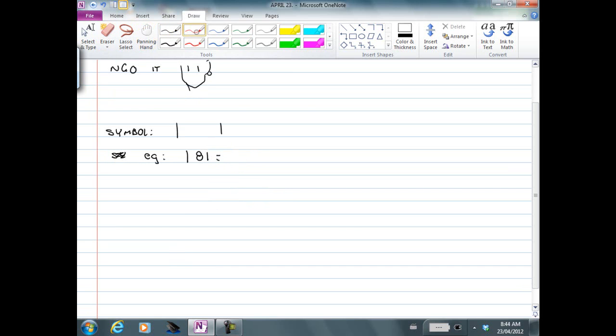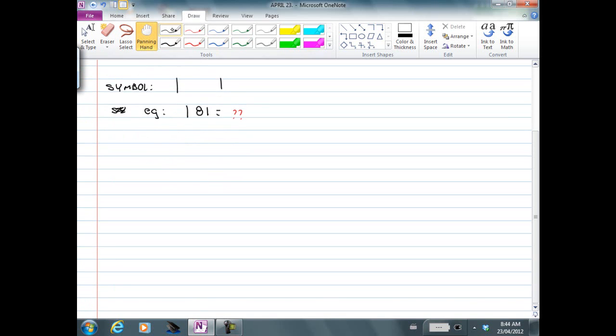So let's erase this. So this is an absolute value, the symbol. I'm going to teach you what absolute value does. Absolute values, ABS value, turns negative values into positive ones.